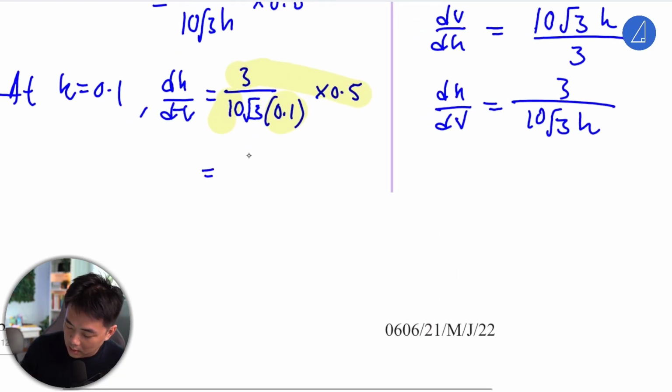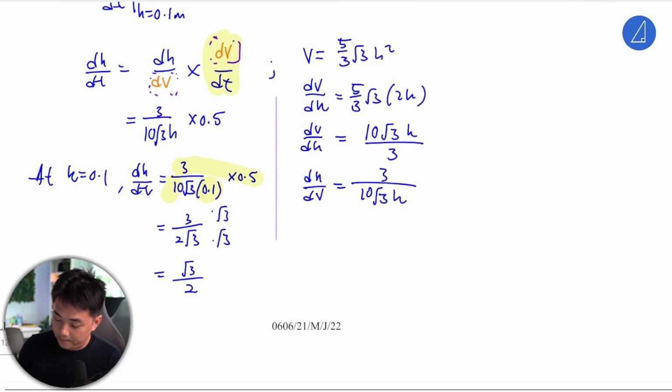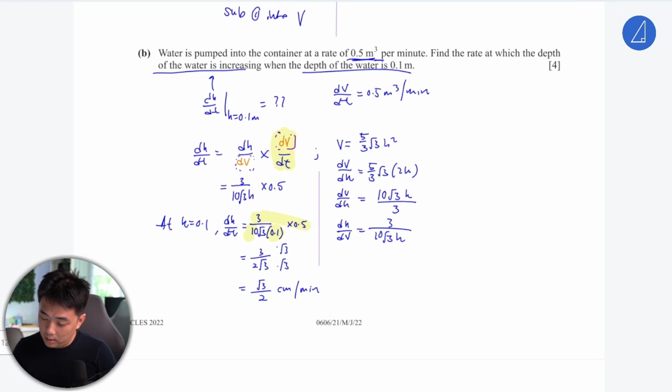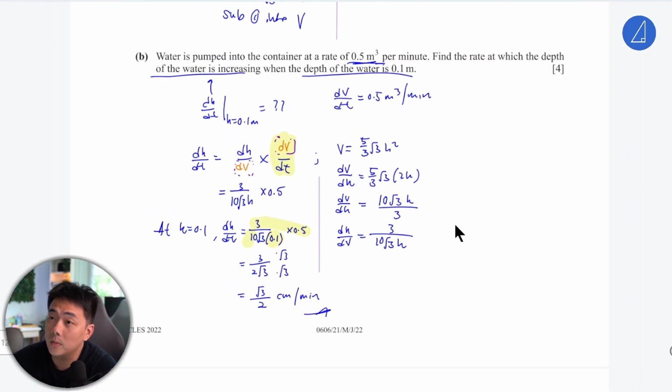So this is 3/2 over root 3, and multiplying by root 3 over root 3 will be 3 root 3 over 2 cm per minute. All right. So that's how you do this question here.